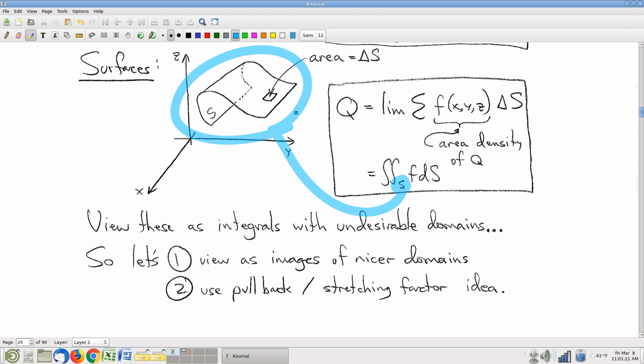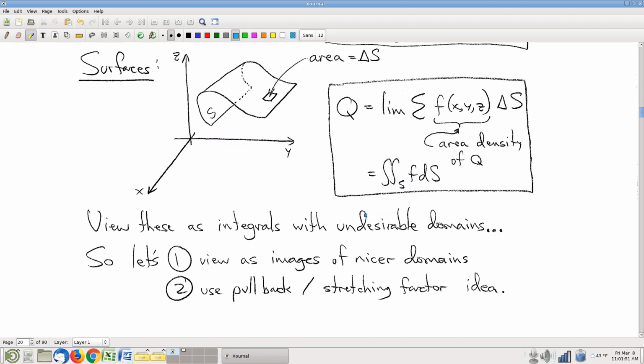Oh, wait a minute. When have we had that thought before? I don't like this domain. Wouldn't it be nice if my domain weren't all curvy and stuff? Can I rewrite my integral over a different domain? We did exactly that when we did change of variables. This is different, of course, but it has all the earmarks of our previous scenario: we want to change our domain.